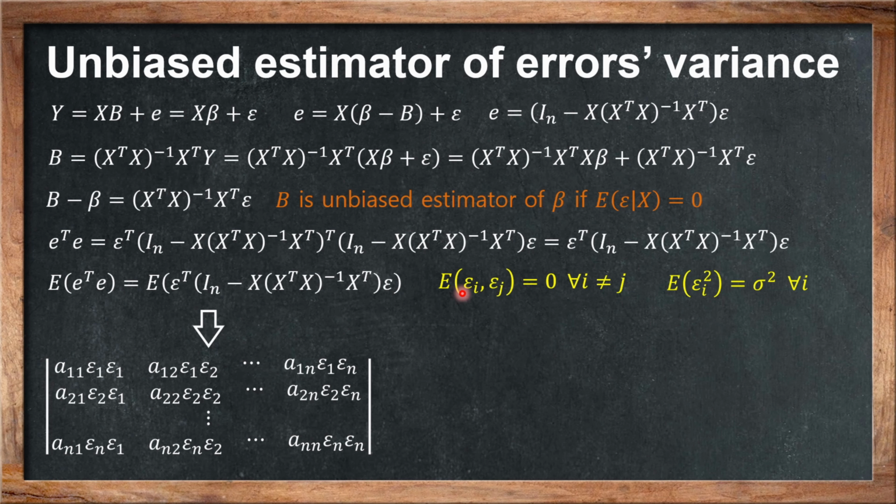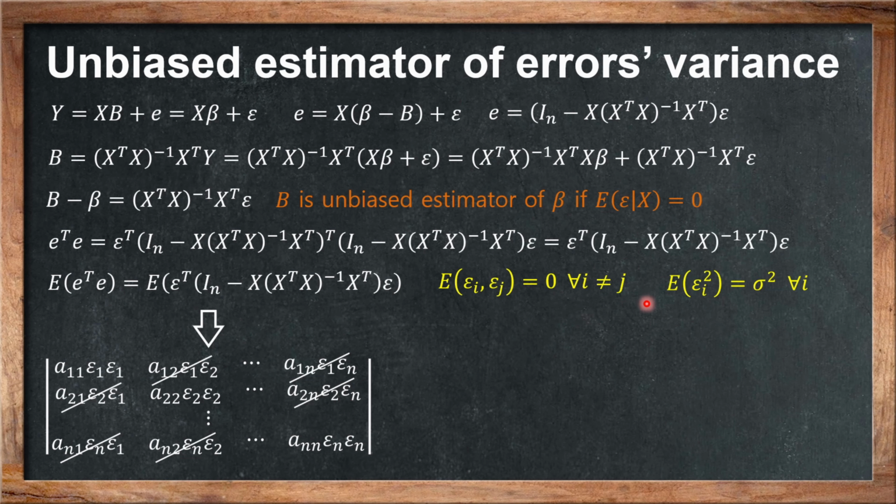Since we presuppose that there is no correlation for epsilons with different subscripts, all the non-diagonal elements will be equal to 0, and we can cancel them out.